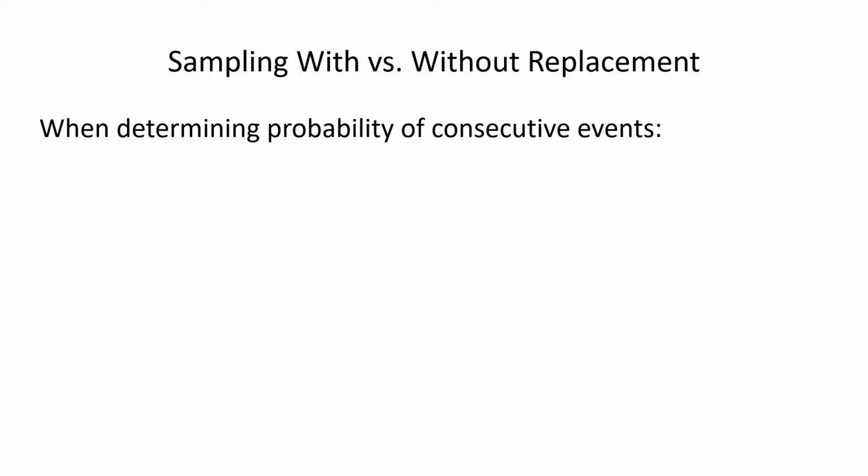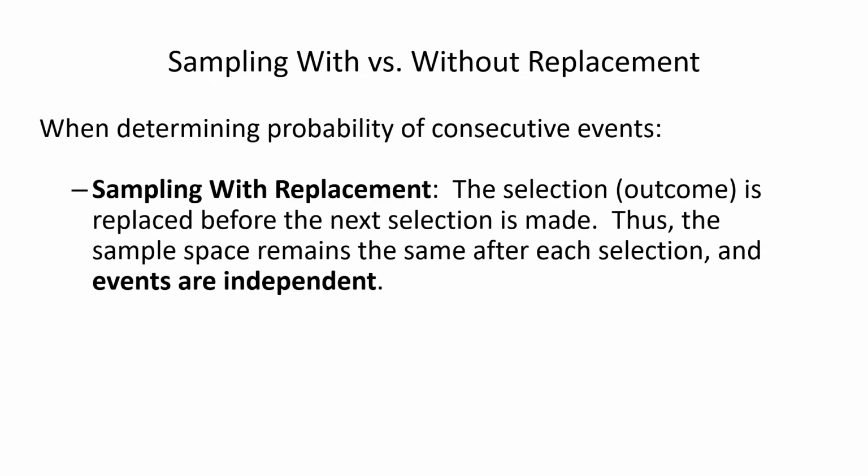So that gets us to what I was saying, with and without replacement. So, sampling with and without replacement. First off, with replacement means you reset the sample space between each attempt. So if we're talking about decks of cards, you draw out a card, then you put it back in the deck and shuffle the deck again.